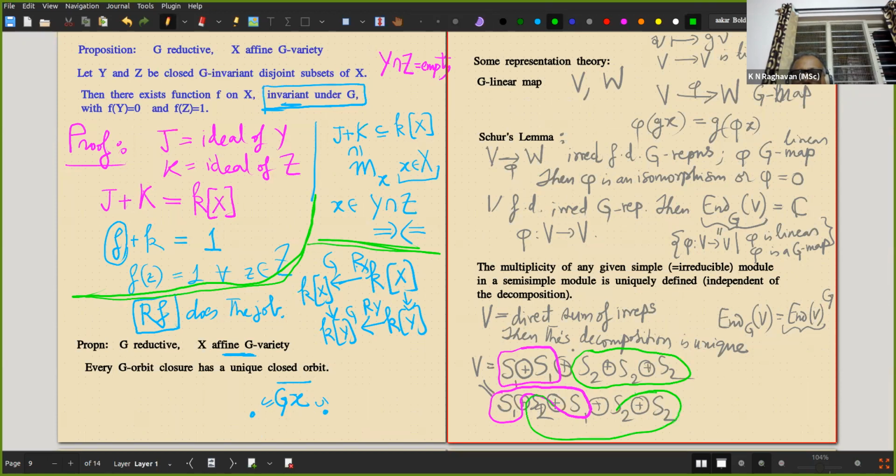This is what I guess Upendra talked about, isotypic components. So this is the isotypic S2 component, and the isotypic S2 component is uniquely defined. And the isotypic S1 component is uniquely defined. If there are any questions, I'll be happy to answer, but otherwise I'll go on.